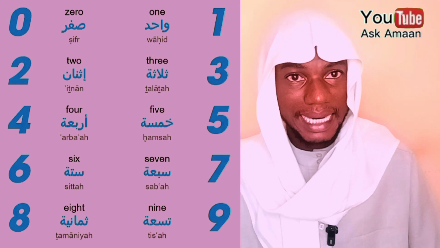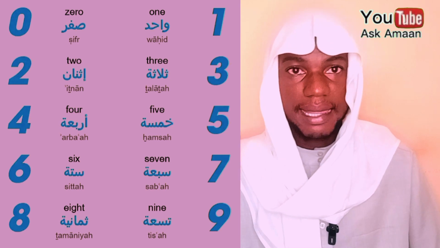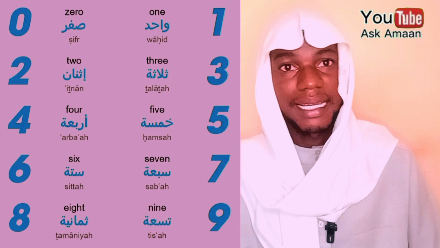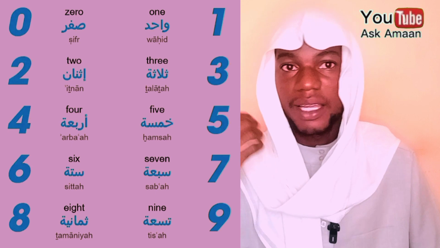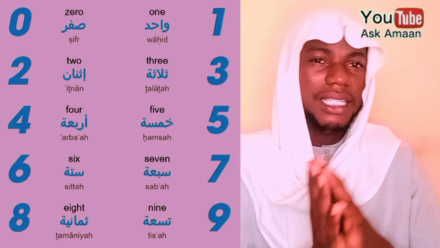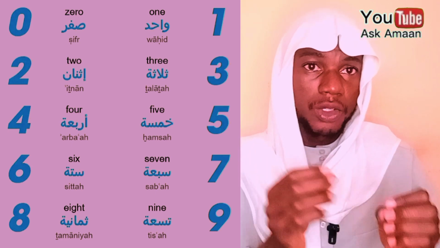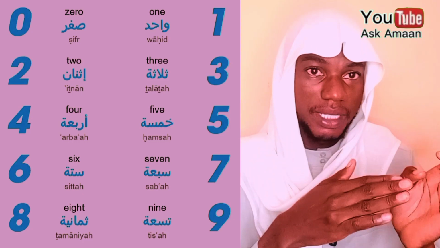Ithnan, ithnatan, the feminine. Thalath, thalatha, the feminine. Arba, the feminine arba'a. That's what you do to every other number. The feminine ends with ta marbuta. So this is wahid to ashara, 1 to 10.